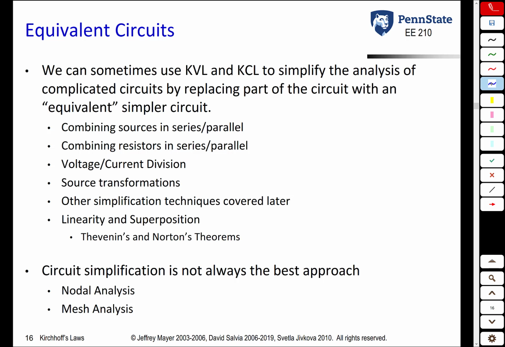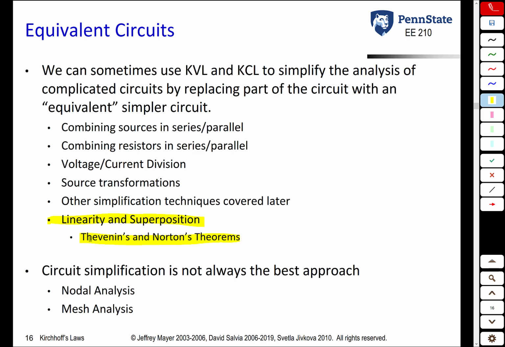You can also combine resistors that are in series and parallel. We're also going to look at another technique called voltage and current division, which could be used to simplify a circuit. There's another technique called source transformations that we could use to simplify circuits. And then later on, not right away, but in a later packet, we're going to use something called linearity, superposition, and Thevenin's and Norton's theorem to simplify circuits.